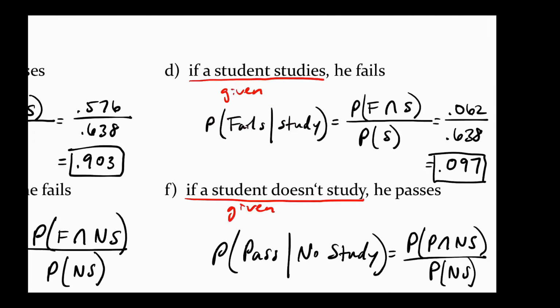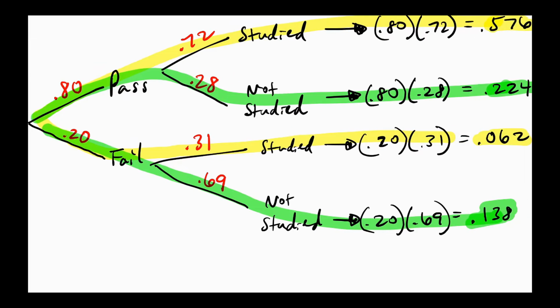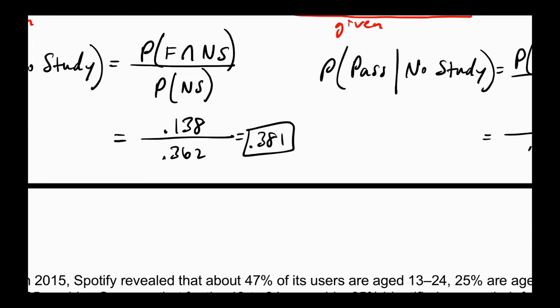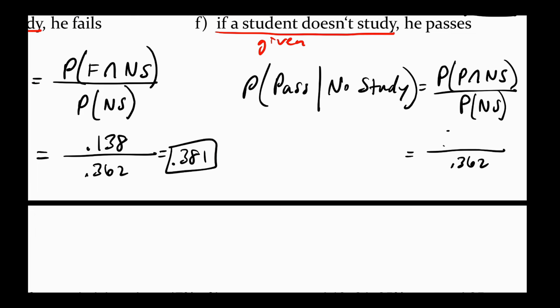Passing and no studying is 0.224. 0.224 divided by 0.362 equals 0.619, which is the complement of the one we just did, because given you no study, you either pass or fail.